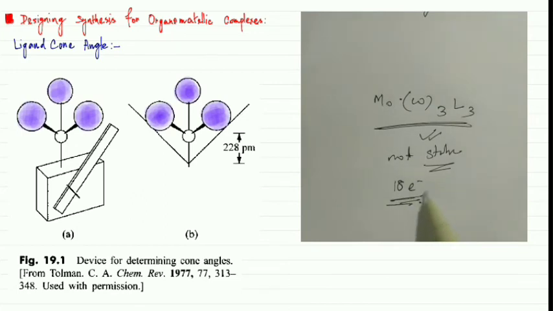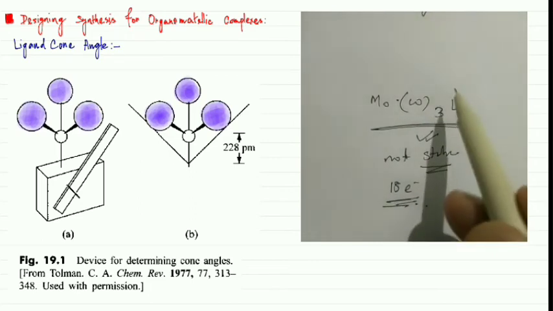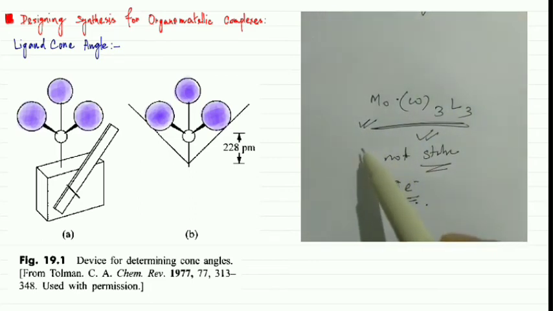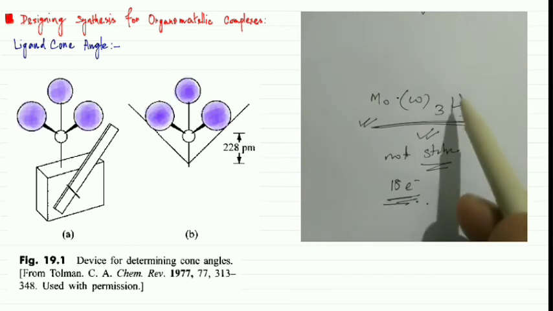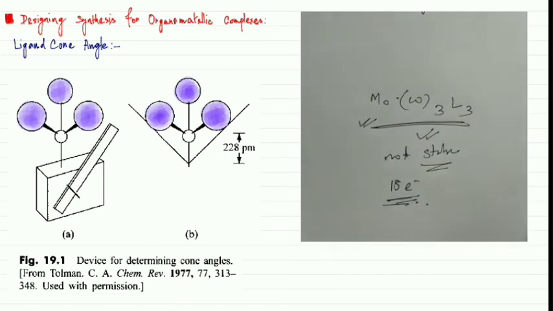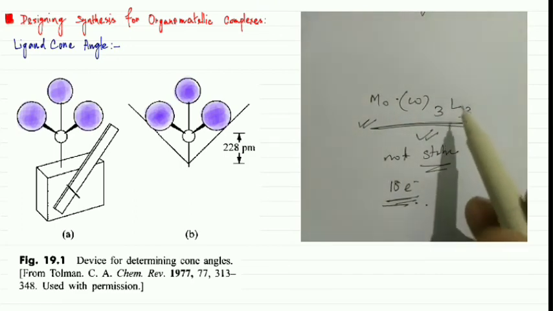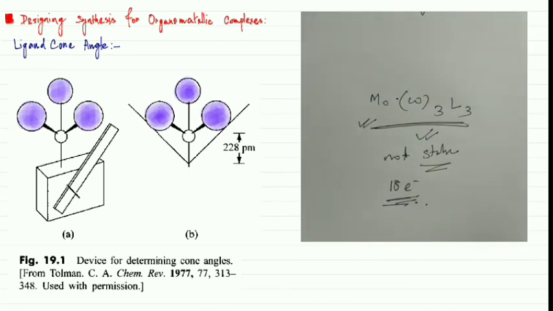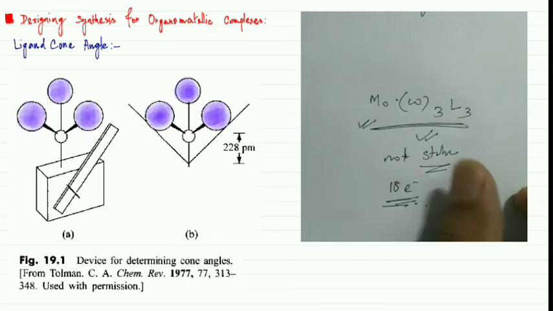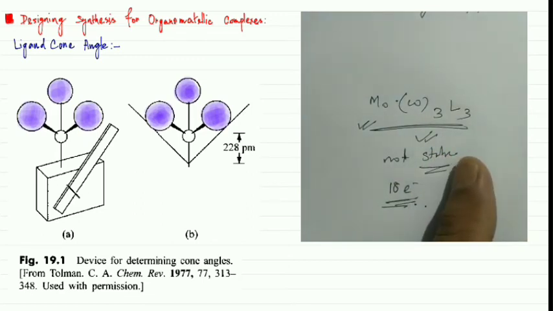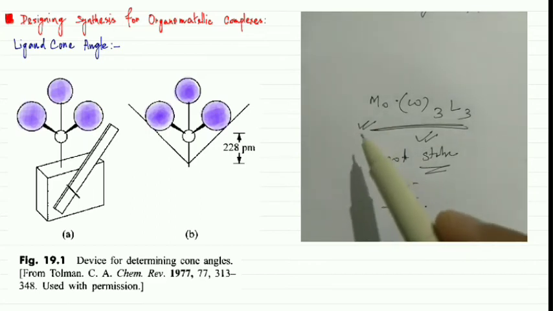That means it will have 18 electrons in the outermost orbitals, but this molecule is not going to be stable because it has huge ligands which destabilize it by repelling each other. The repulsion between the sterically hindered ligands makes the molecule unstable.